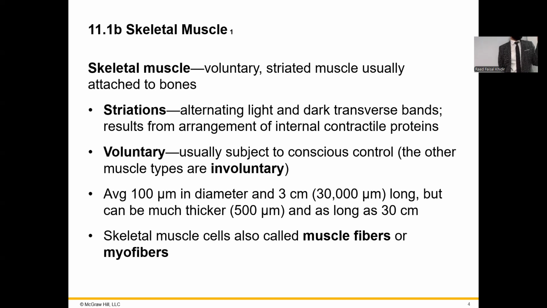And as they get shorter, they are able to make the sarcomere smaller, and that's going to lead to your skeletal tissue getting tighter and smaller. So the skeletal muscle tissue is under voluntary control because it is usually subject to conscious control from your cerebrum, while involuntary control is guiding your heart muscle and your smooth muscles.